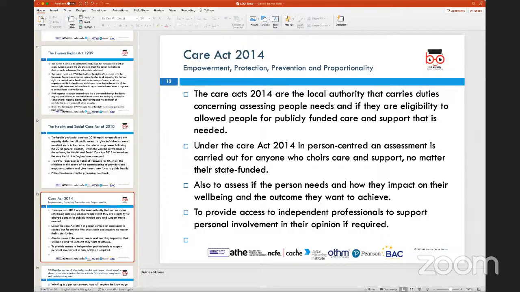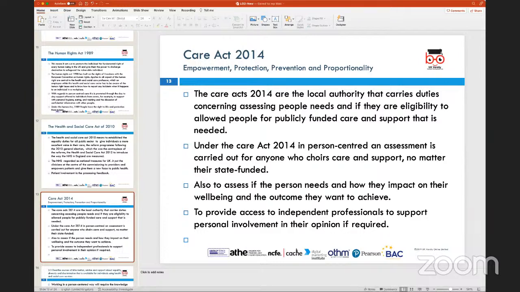So the Act places importance on social care services, the essence of well-being in adults who are vulnerable or at risk of any sort of vulnerability, and it ensures that people are fairly assessed and are eligible to receive these social care services from local authorities wherever they are living within England and Wales.